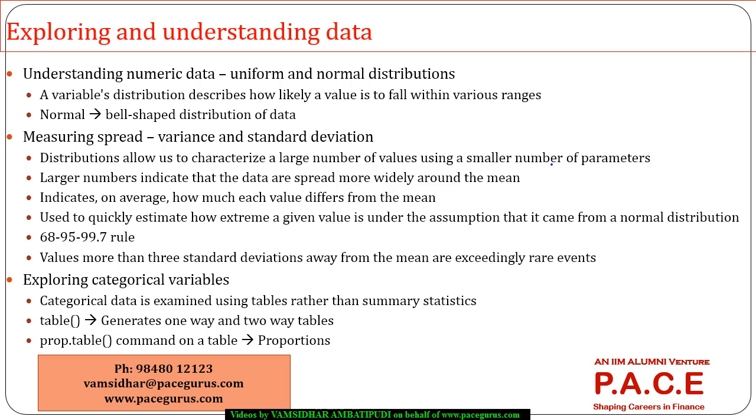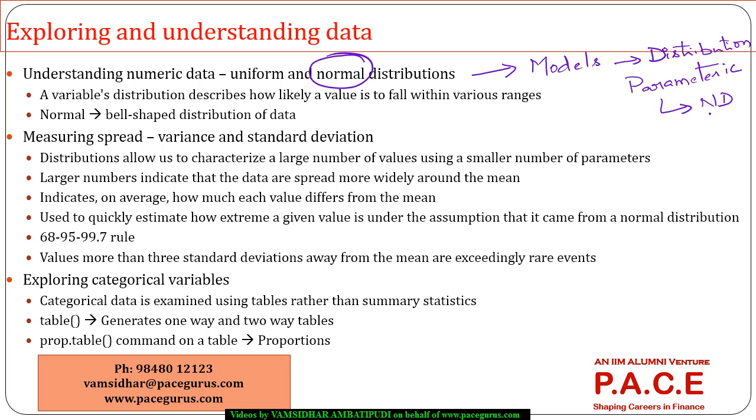Then, what kind of distribution is it? Is the data more or less normally distributed? A very essential aspect, because we will be seeing later that many statistical models that we are going to build assume the data to follow a particular distribution. These are called parametric models. If I am trying to build a regression model, it assumes that the data follows a normal distribution.